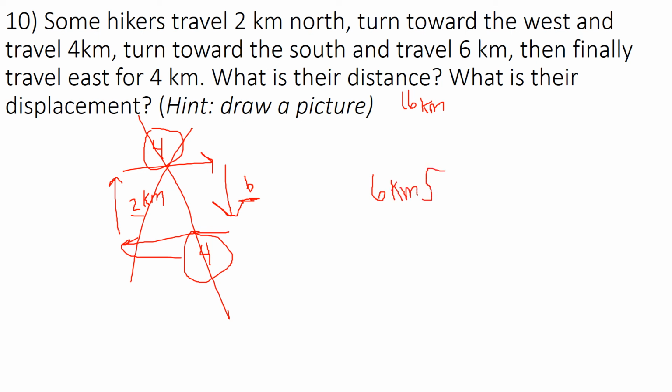So 6 kilometers to the south, I promise you that's an S and not a 5, minus 2 kilometers, and those were to the north. Your displacement is actually going to be 4 kilometers, and those are to the south.